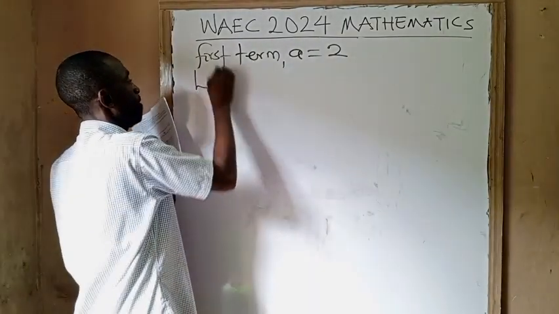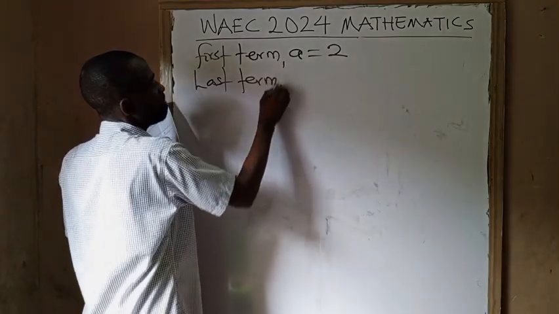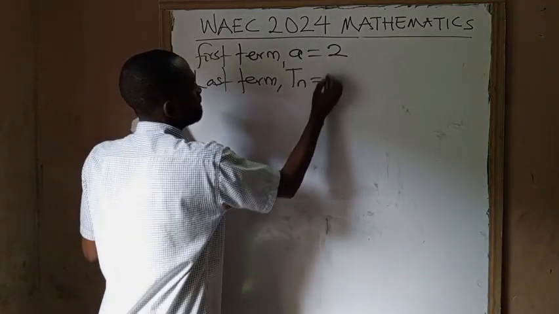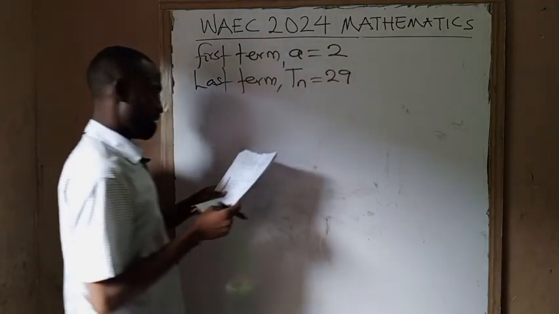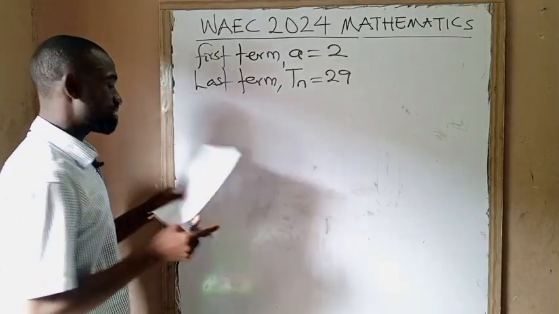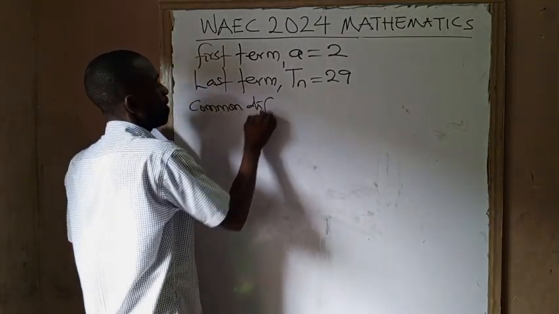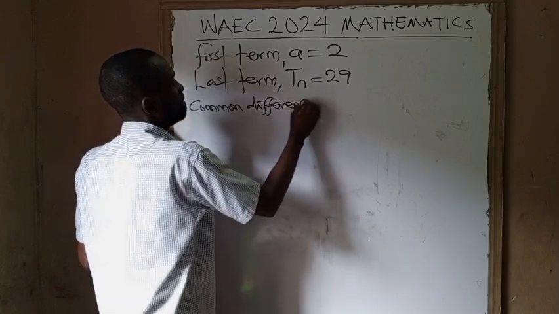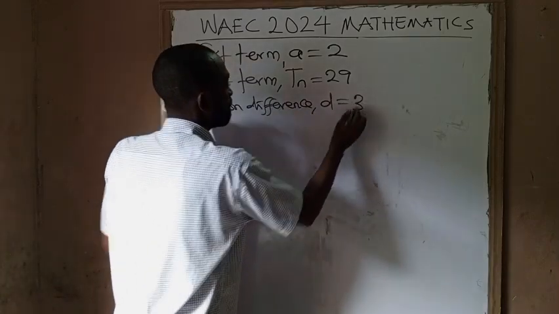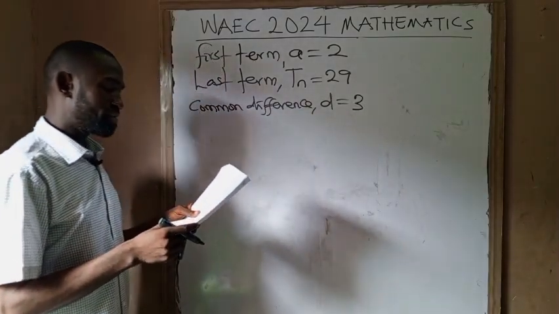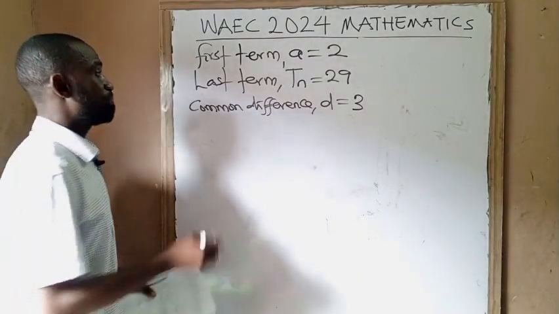The symbol for last term is Tn. Tn is 29. If the common difference is 3, common difference D equals 3.